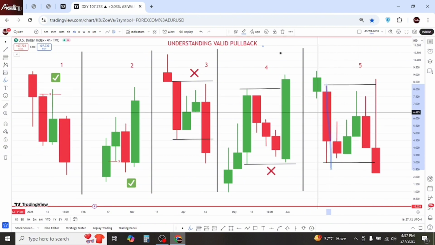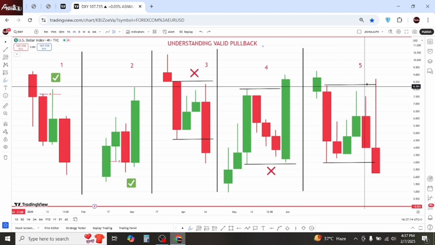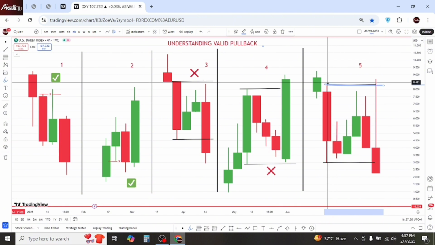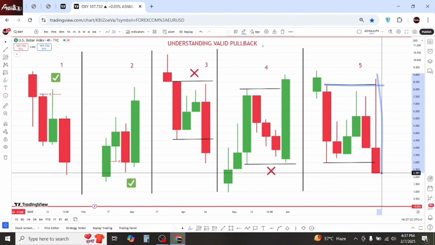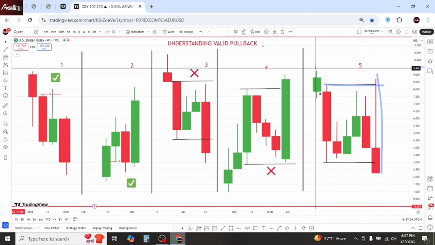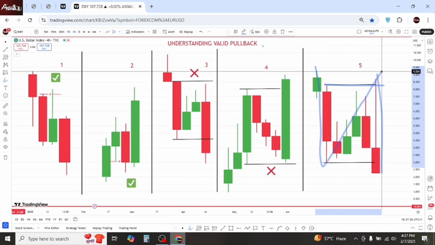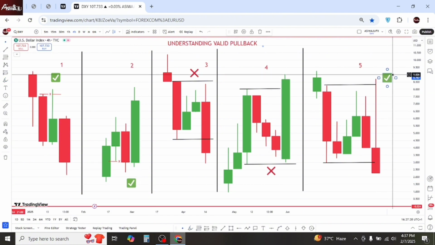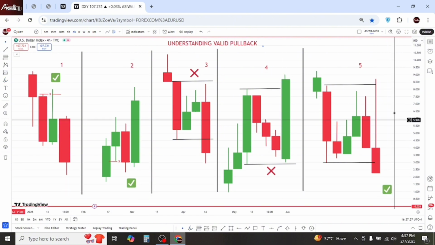So we don't have any valid pullback, not until this last candle that went up, took out the previous candle high, which is the main candle, and now went down to close below. Then we have something like this. Price went down, pulled back, and continued. So that's when we have a valid pullback. This makes this candle a valid pullback.